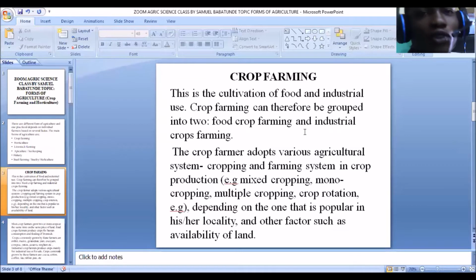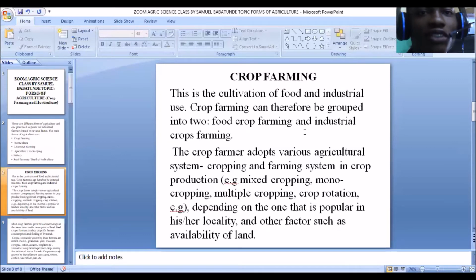When you hear the word crop, crop is an aspect of agriculture that deals with plants, not animals. So crop farming simply means the cultivation of food crops. It can either be food crop farming or industrial crop farming.